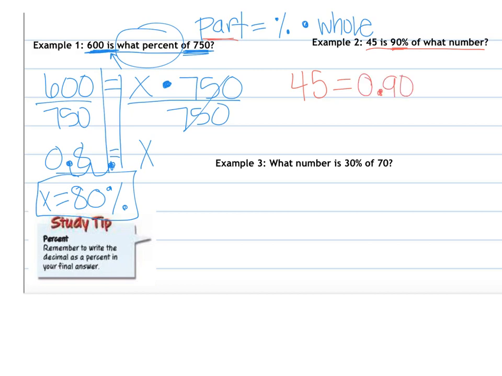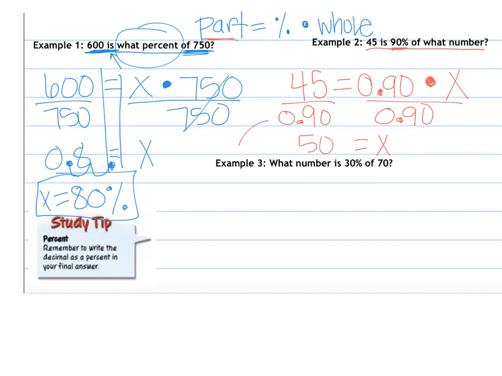So I have 0.90 times, and then of what number? We're not sure. So now we divide both sides by 0.90, because again, we want x alone. So I do 45 divided by 0.90, which is 50.